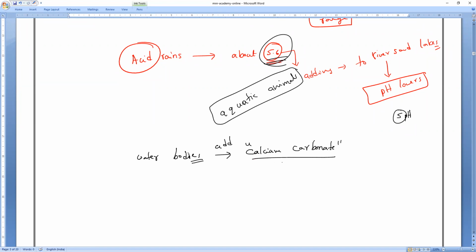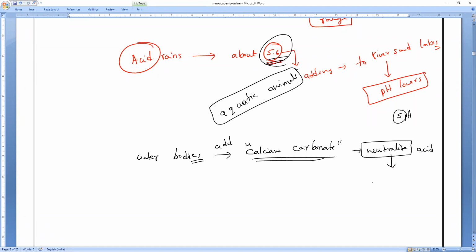Because what is its nature? It is basic in nature, so it will neutralize the acid that comes from the acid rain or from industrial wastage, whatever it is. So frequently we have to add this calcium carbonate to lakes, rivers and all, so that it will neutralize the acid.